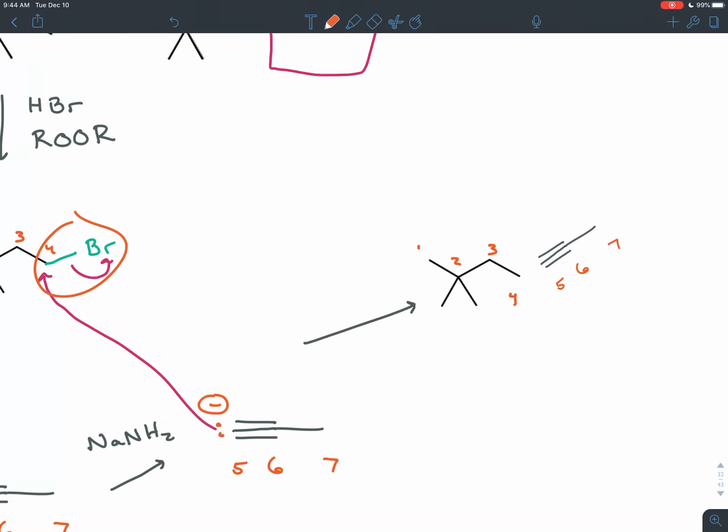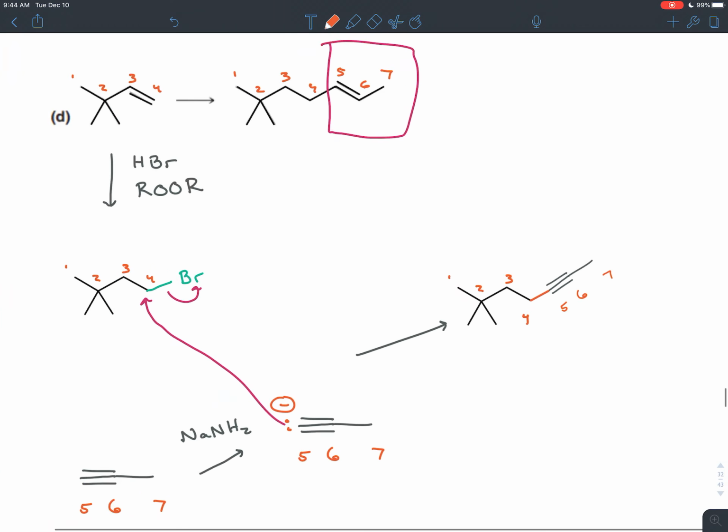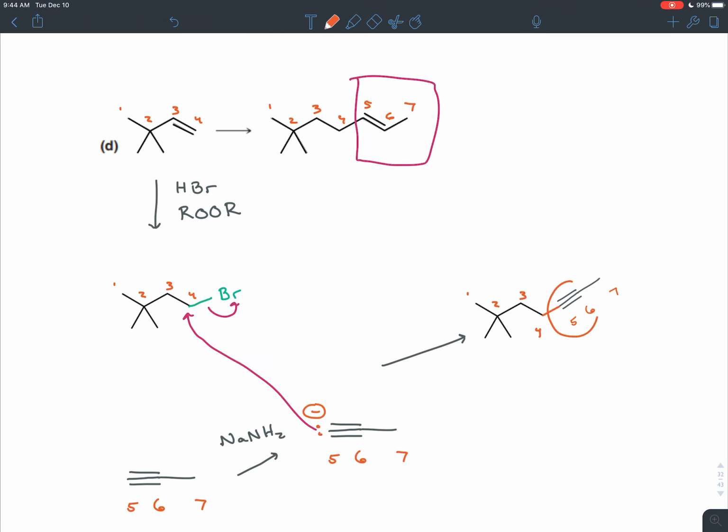Where the bromine was, now we have this nucleophile that displaced it. And notice we have the reactive part of our molecule between carbons 5 and 6. Now the only thing is, here we have a triple bond, and what we want is a double bond.